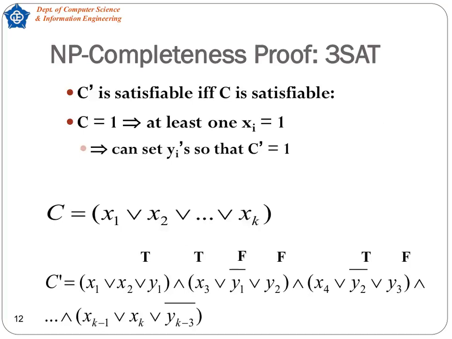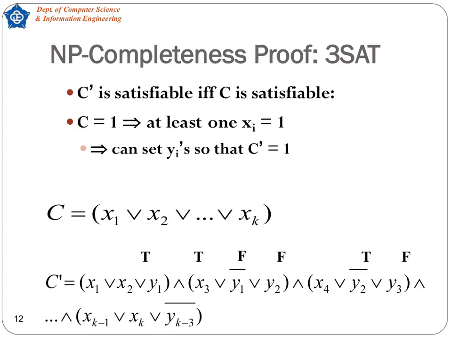Building on our earlier padding trick, we now show how to break any long clause down into a chain of 3-literal clauses, while preserving satisfiability. Suppose we start with a single clause, C equals x1 or x2 or ... or xk.